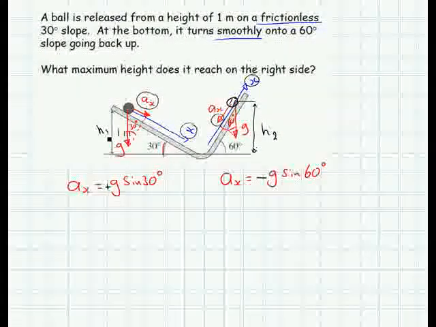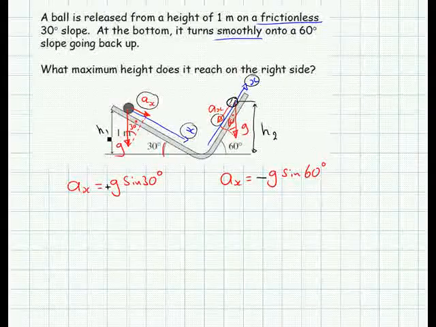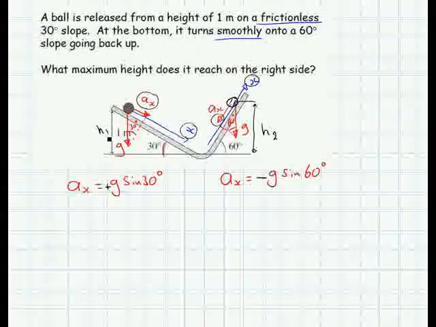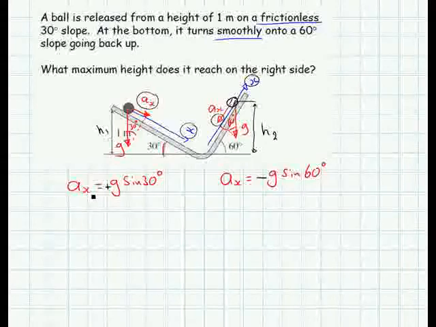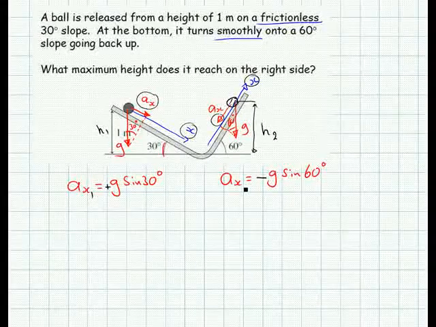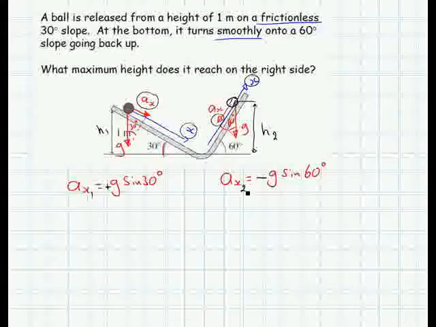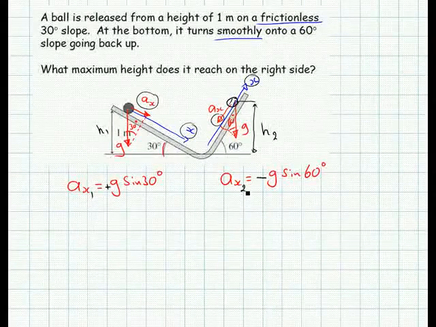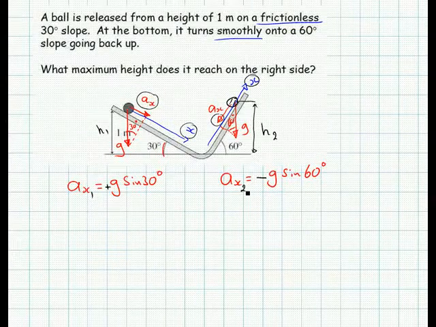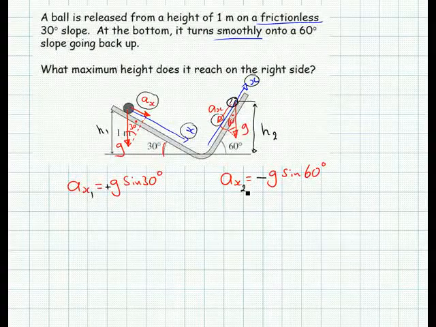We'd like to figure out what h2 is. So similarly, let me call the acceleration on the way down ax1, on the way up ax2. So I'm calling everything down the hill subscript 1 and everything up the hill subscript 2.